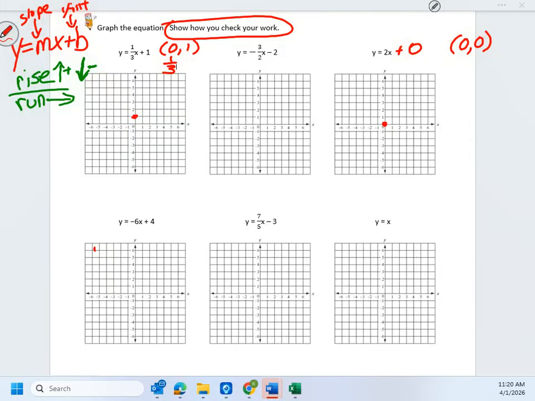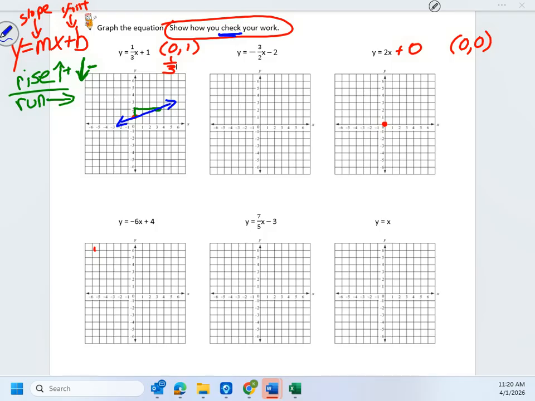I'm going to do my slope. It's positive, so I go up 1/3. And then I'm going to draw my line, connecting them. But now I need to check it. So how do I check it?